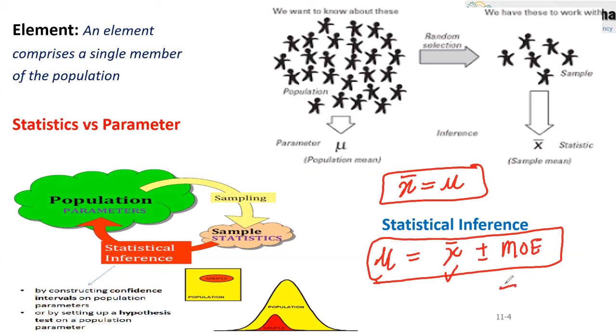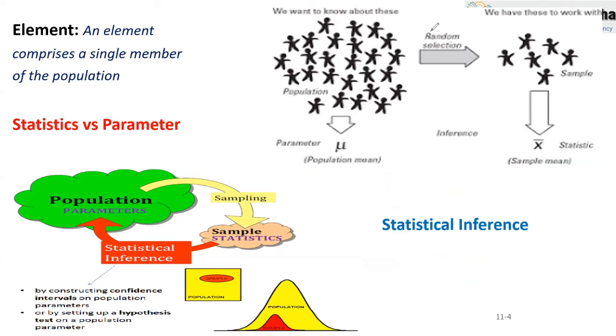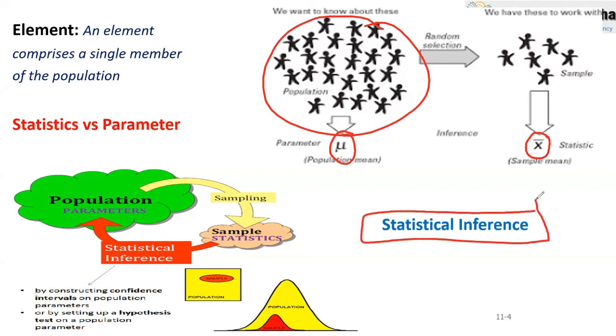We calculate the margin of error by this formula, and with the help of the margin of error, we take the lower limit and the upper limit of the sample statistic. We will use this formula for calculation of the sample size in later slides, but I just introduce this concept because in the population the mu is exactly the same, but when we calculate the sample mean, it differs from sample to sample, so there is a chance of some error. Because of this, there is a concept of margin of error in statistical inference.